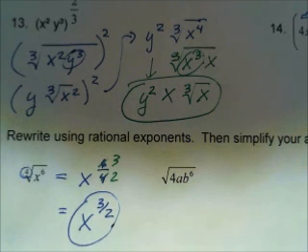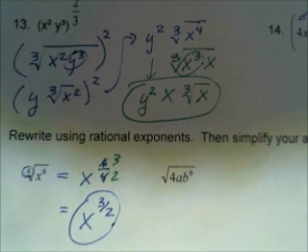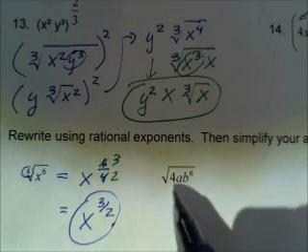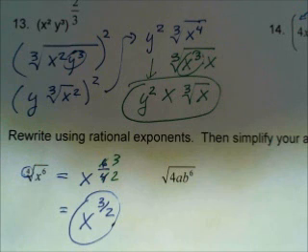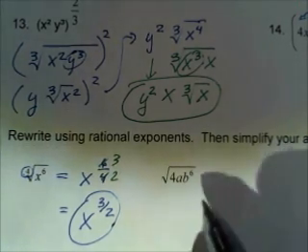Next, we have the square root of 4ab to the 6th. Well, that would mean each of these terms would have a fractional exponent denominator of 2.